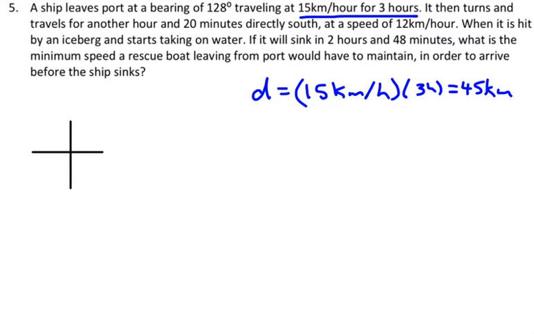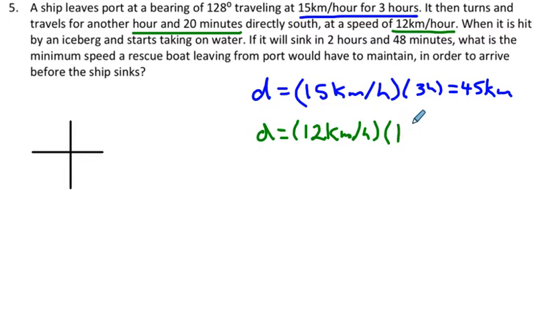Now at the same time, I can figure out what this next one is, 1 hour and 20 minutes at 12 kilometers per hour. The problem with 1 hour and 20 minutes is it's not all in hours. We have to convert it all into hours because we are going at 12 kilometers per hour. Now if we think about what 20 minutes is, what part of an hour is that? 20 over 60 would be 1/3.